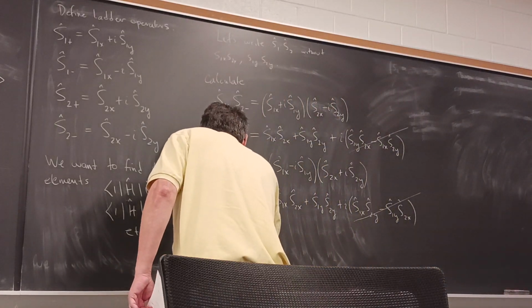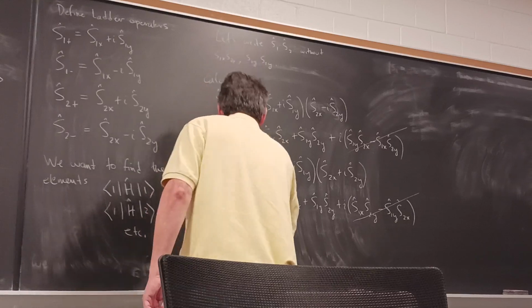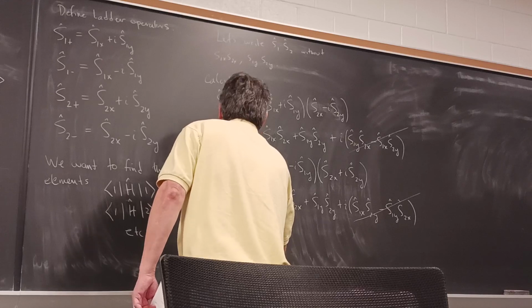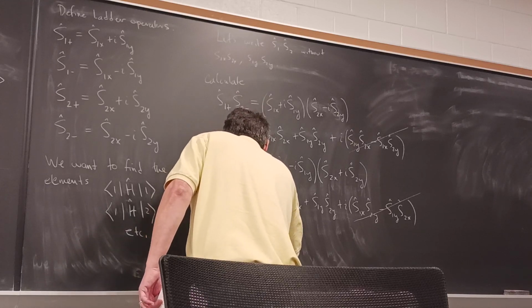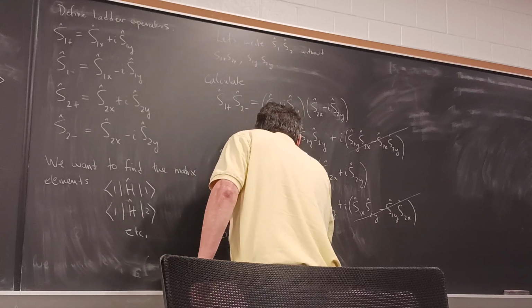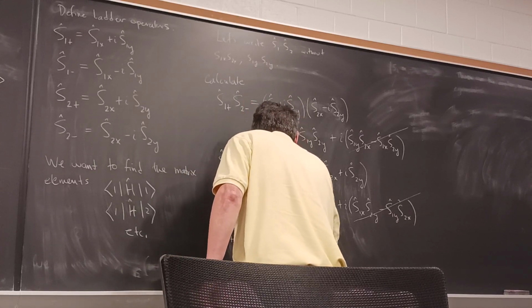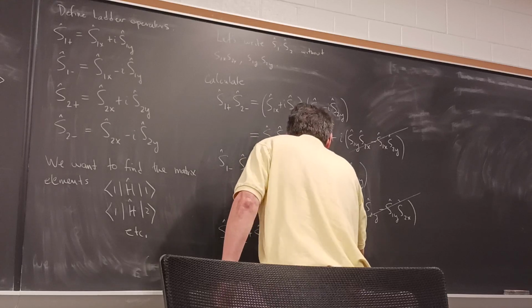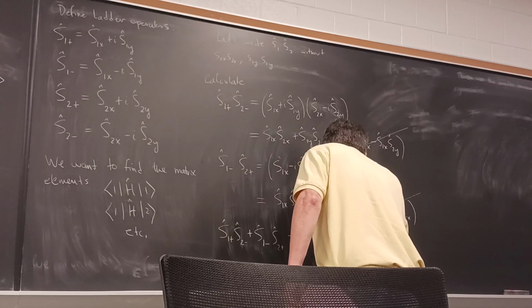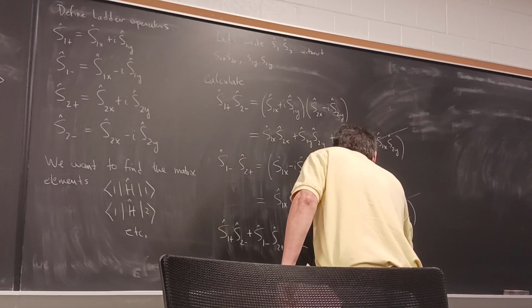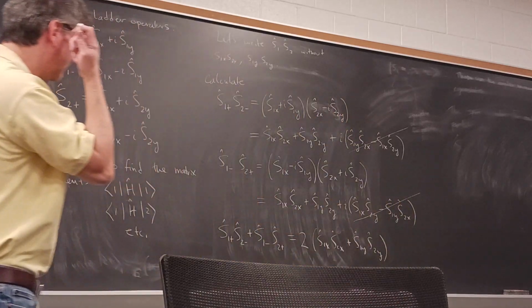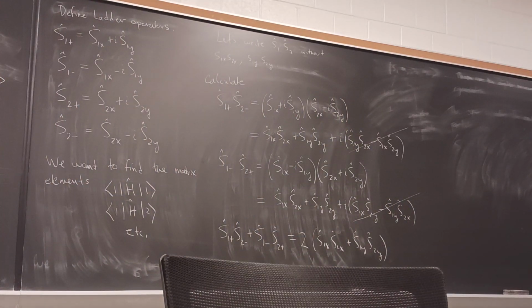So that means S1 plus S2 minus plus S1 minus S2 plus is equal to twice S1x S2x plus S1y S2y. Okay, so we can get rid of them.